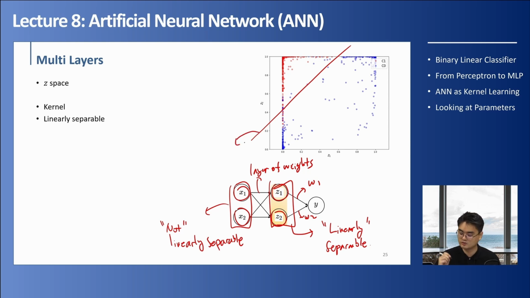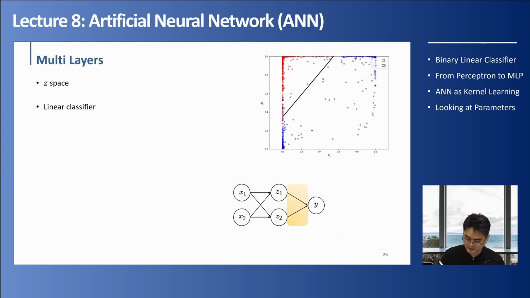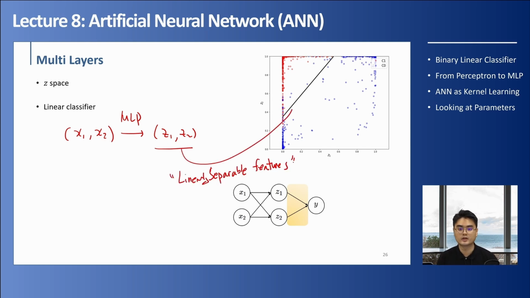That means that we just need to find the weights that could express this classification boundary in the Z1 and Z2 space. So to summarize, what we're doing with this multi-layer perceptron is trying to transform our input features x1 and x2 to z1 and z2 using the MLP, so we can have some linearly separable features. So we can do a very simple linear classification in this space of z1 and z2.